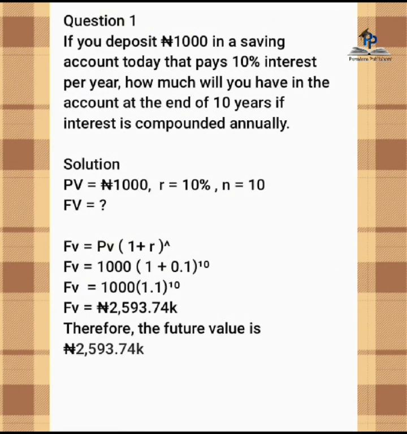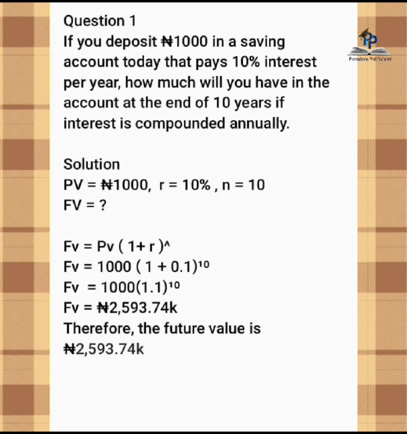I apply the formula. I write future value equal to 1,000 naira, bracket open, one whole number, plus 10% means 10 over 100, which means 0.1. So plus 0.1, bracket close, raised to the power of 10 years.